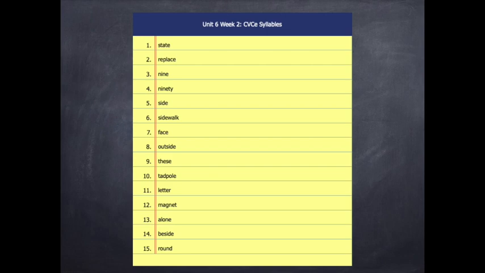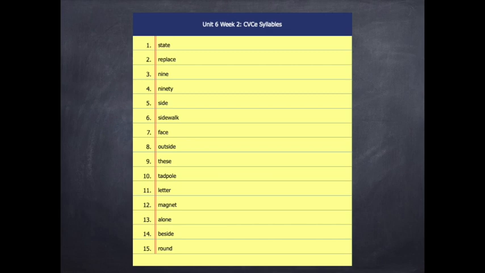Replace, replace. That has 2 syllables. And I can break it up in between the E and the P for re and then place. And I know that that A is going to make the A sound, replace. Number 3 is 9.